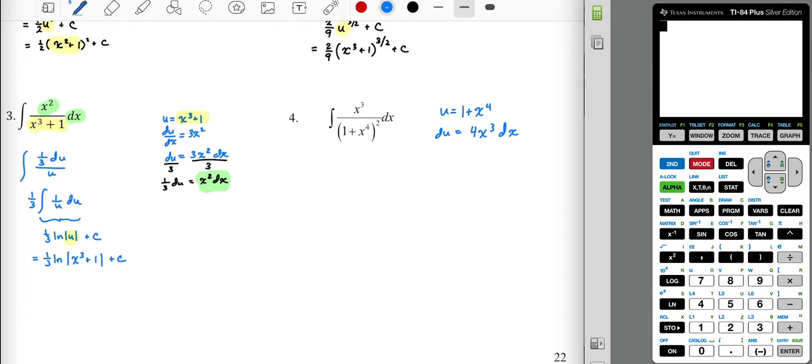All right, now you'll see here that I have the clean cancellation of the 1 plus x to the 4th. I don't have a clean cancellation of the x cubed dx unless I divide both sides by 4 here. So 1/4 du is equal to x cubed dx. So now I have the ability to cancel out cleanly.